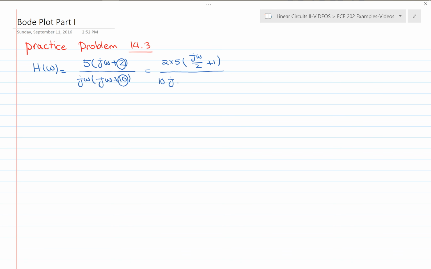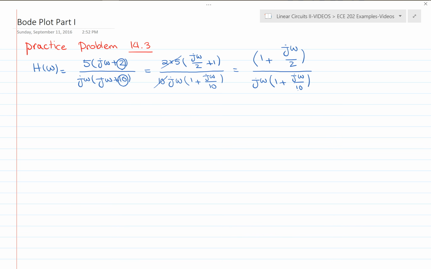So 10j omega multiplied by 1 plus j omega over 10. And you can see that this 10 will be cancelled with this 10. So we do not have any constant gain here in this transfer function. So the final transfer function that we have to draw the Bode plot for is 1 plus j omega over 2 over j omega multiplied by 1 over 1 plus j omega over 10.